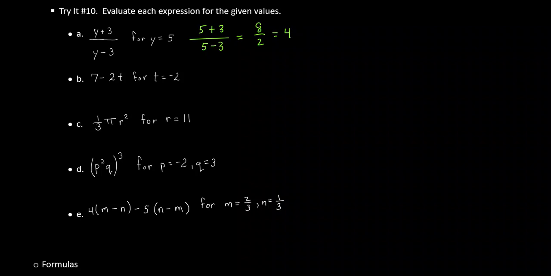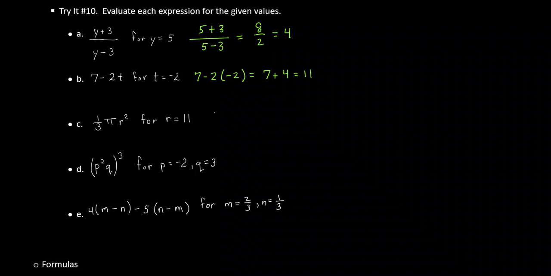And b here, 7 minus 2t, plug in t equals -2, so that's 7 minus 2 times -2 equals 7 plus 4 equals 11.